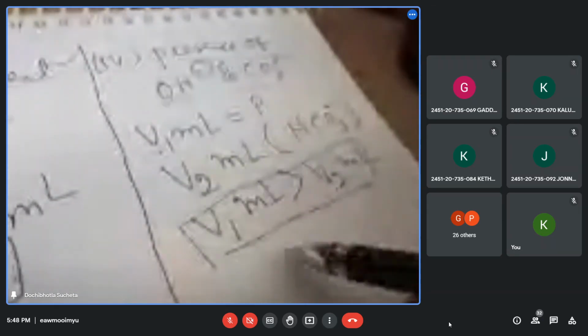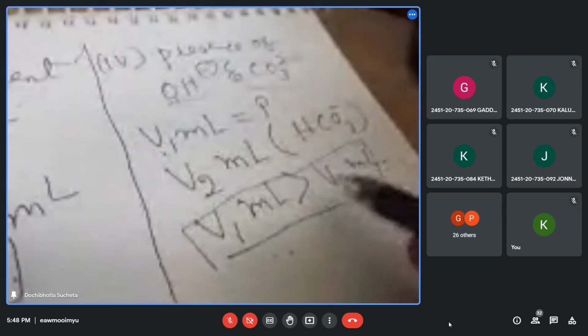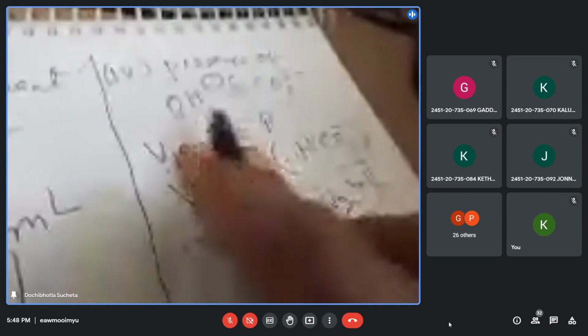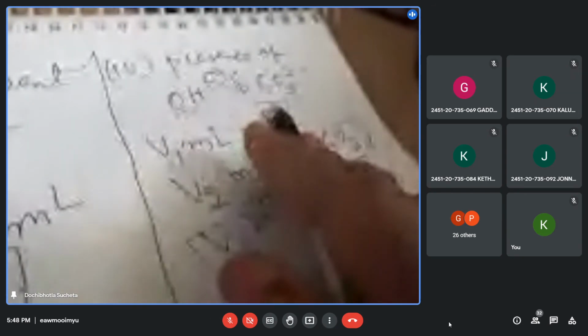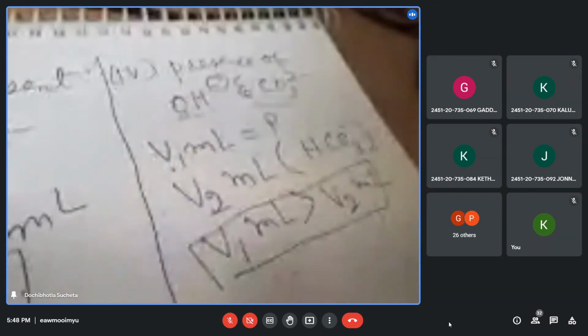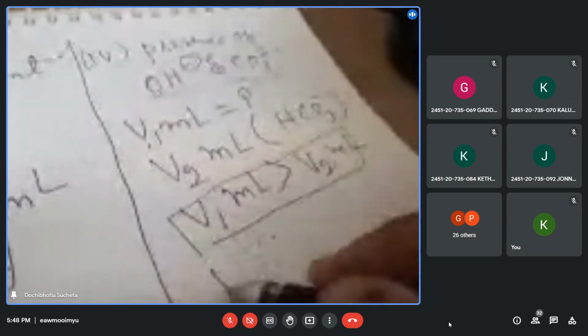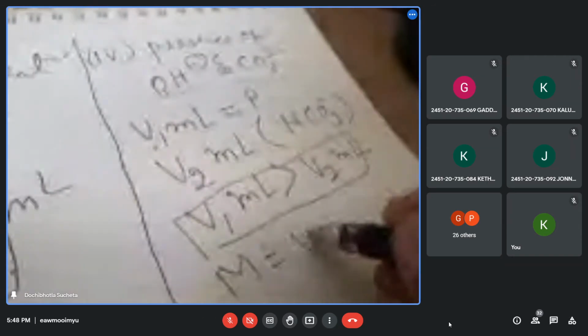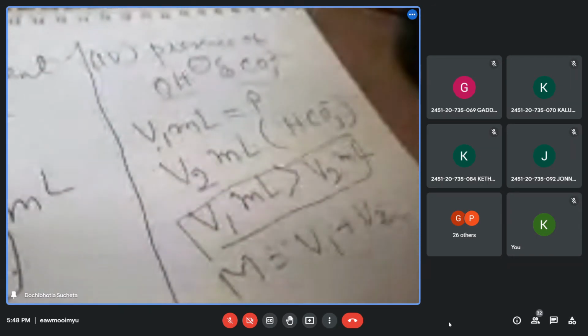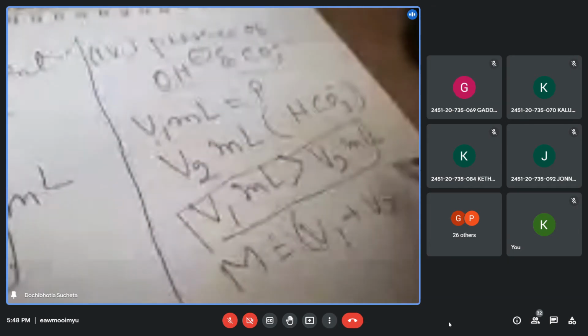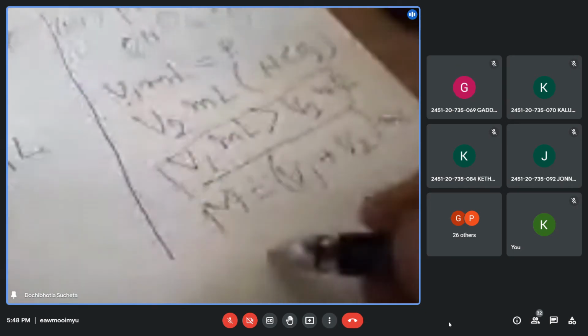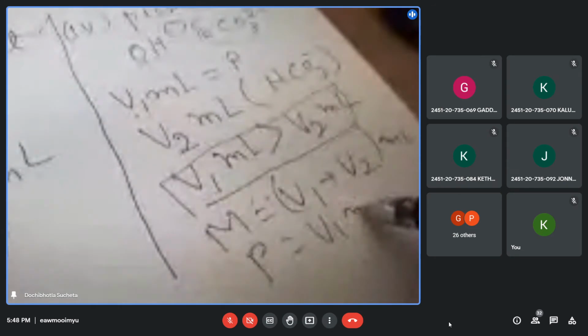Okay. Now, this is fine. How to find the individual concentrations of OH minus and carbonate? Now, can I write M is equal to V1 plus V2? Okay. M is equal to V1 plus V2 ml. P is equal to V1 ml.